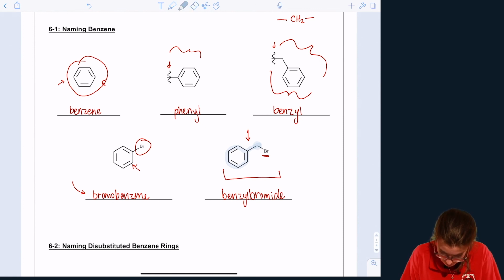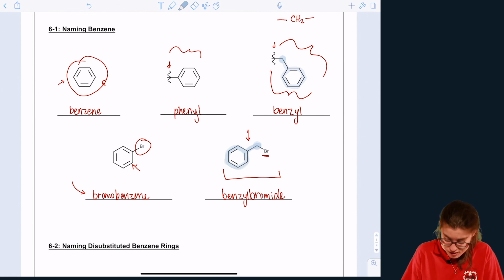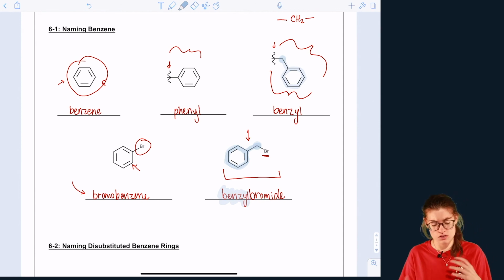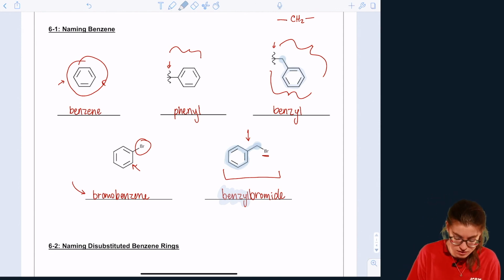So this is a benzyl substituent. Same thing right here. This is a benzyl substituent. So we would call this molecule benzyl bromide. Okay, so just so you're familiar with a little bit of how things are named.